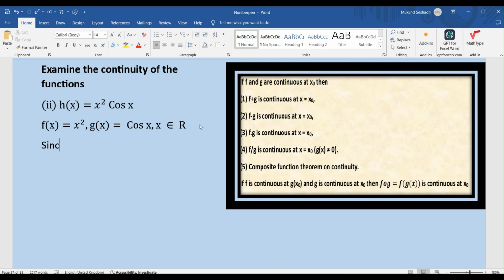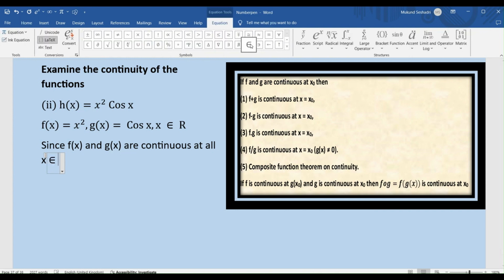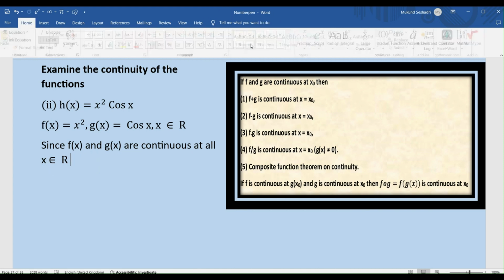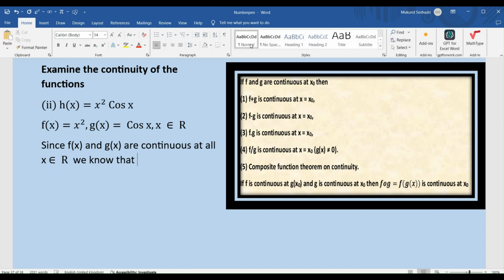So therefore, the problem is quite simple. f of x and g of x are continuous at all x belonging to R. We know that h of x, which is nothing but f dot g, is also continuous at all x belonging to R, right?